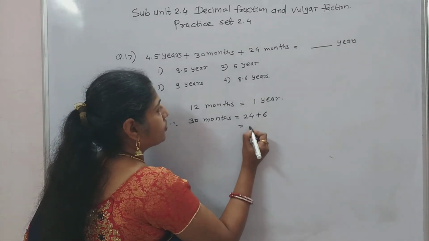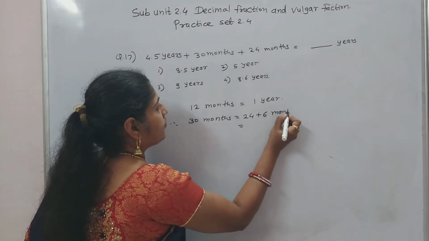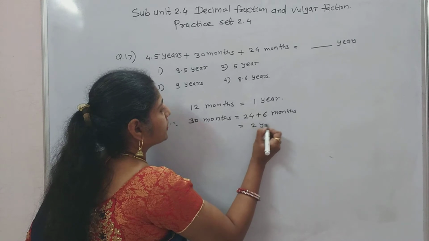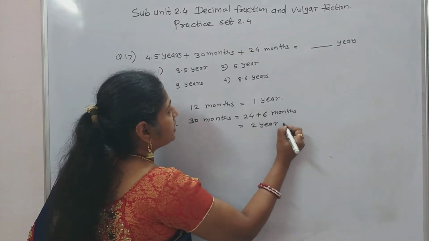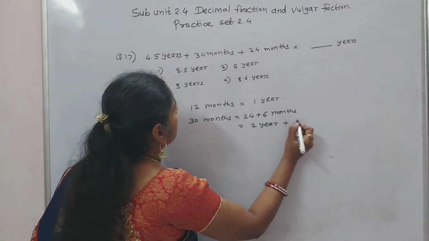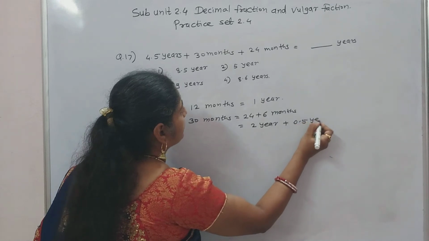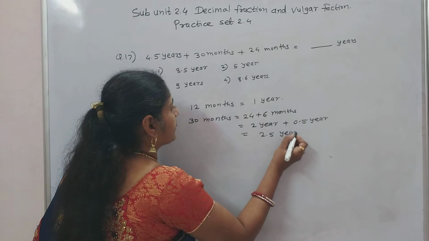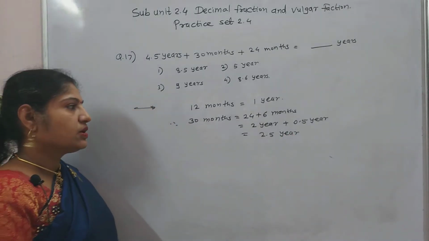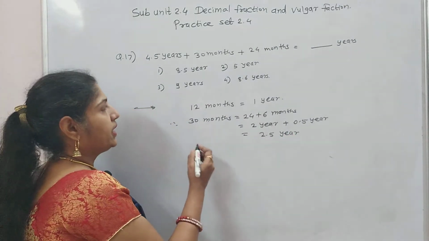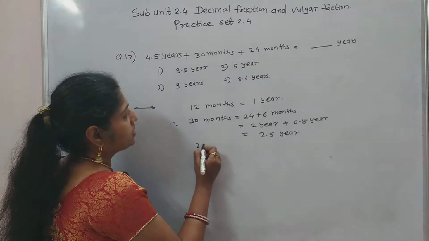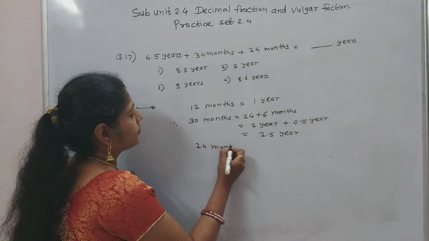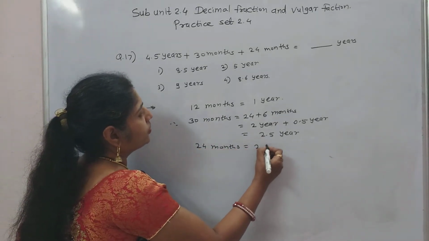So 24 months equal to 2 year and 6 month equal to half year, that is 0.5 year. 2.5 year. 30 months means 2.5 year and 24 months equal to 2 year.